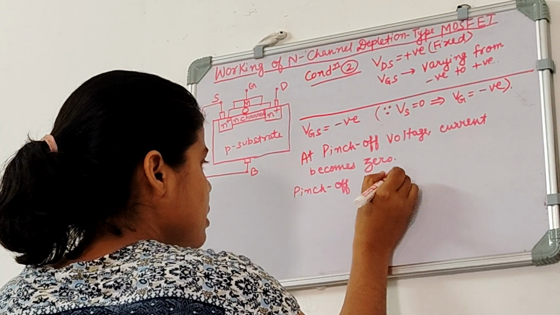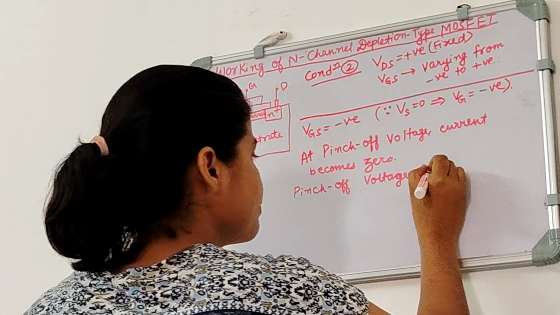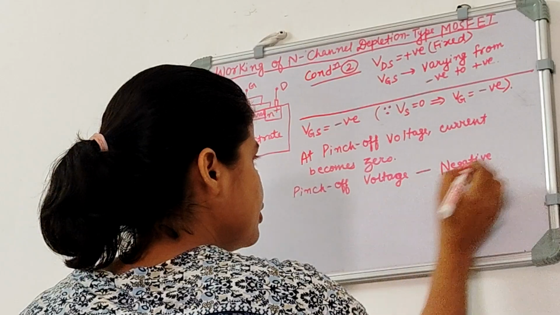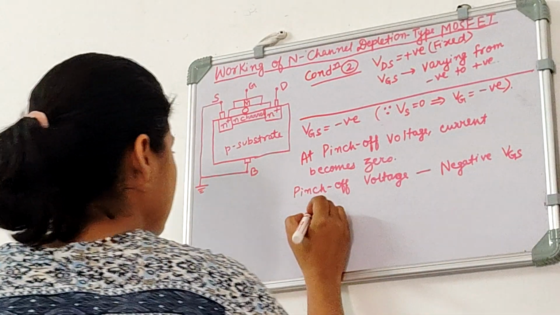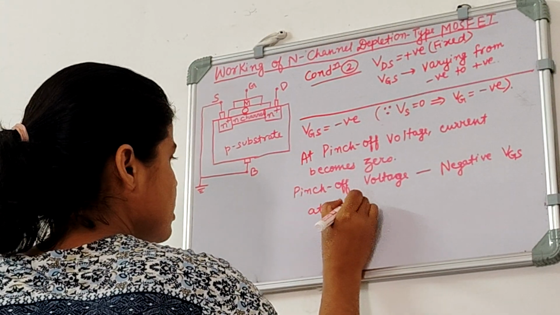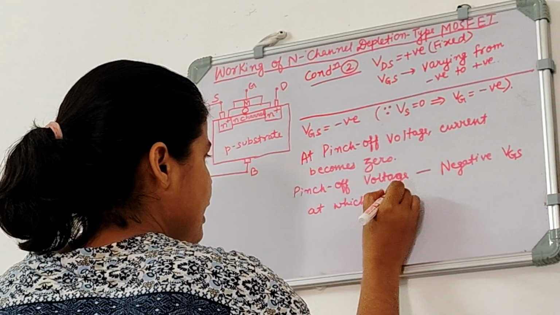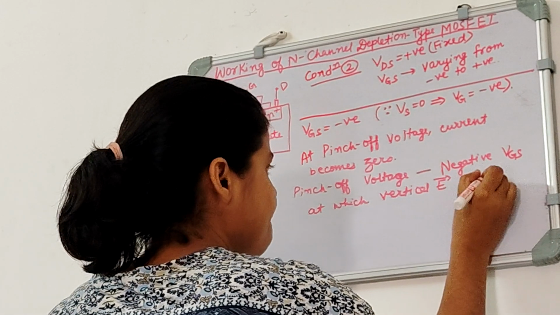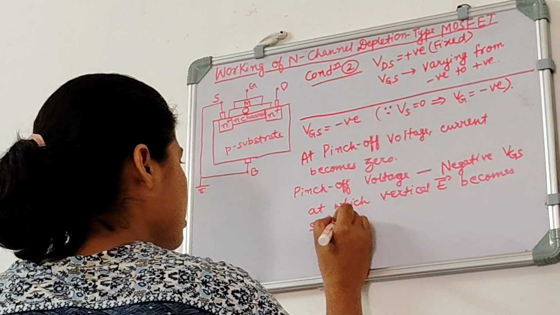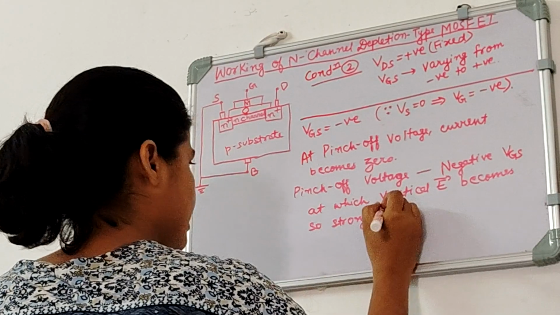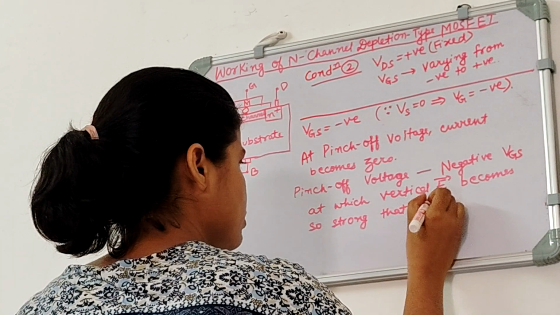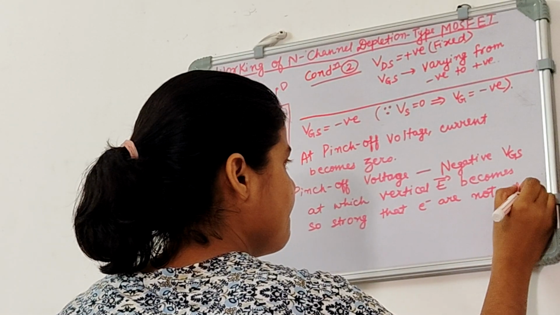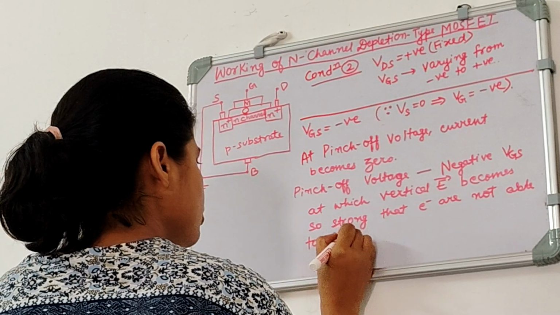Pinch-off voltage is the negative value of VGS, negative VGS, at which the vertical electric field becomes so strong that electrons are not able to move from source to drain.